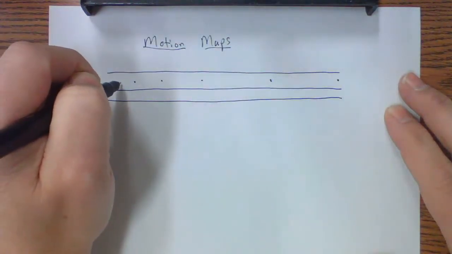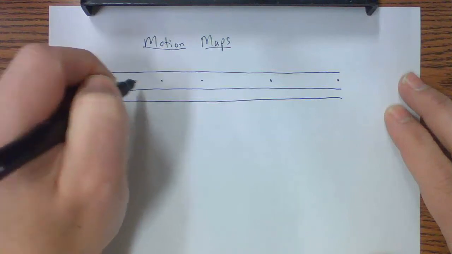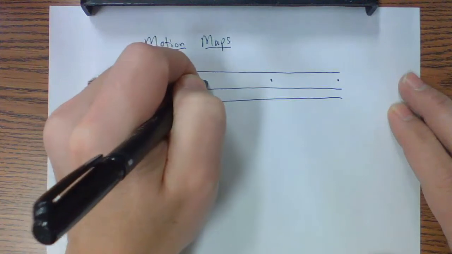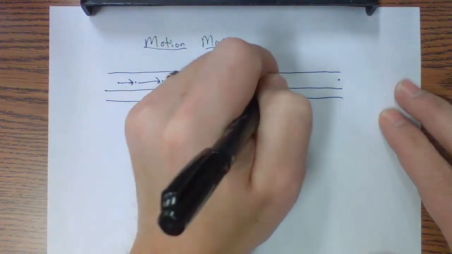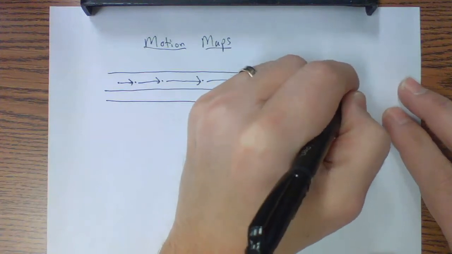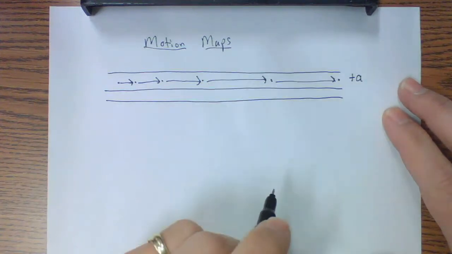So what happens here is the motion is getting bigger each time, so our displacement is changing. And so this shows us that we have positive acceleration.